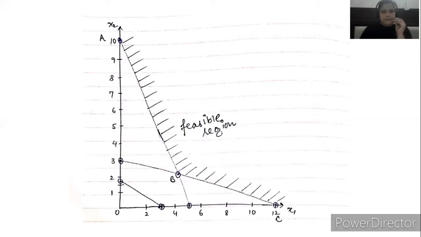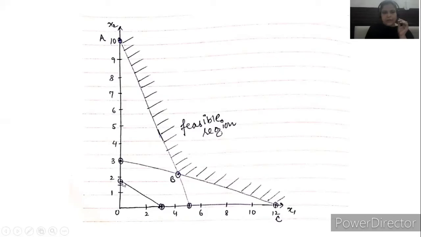Here is the graph. Take x1 on the x-axis and x2 on the y-axis. There are three constraints. All constraints have a greater than or equal to sign. The first constraint is 0, 1.7, 3 and 0, this one.